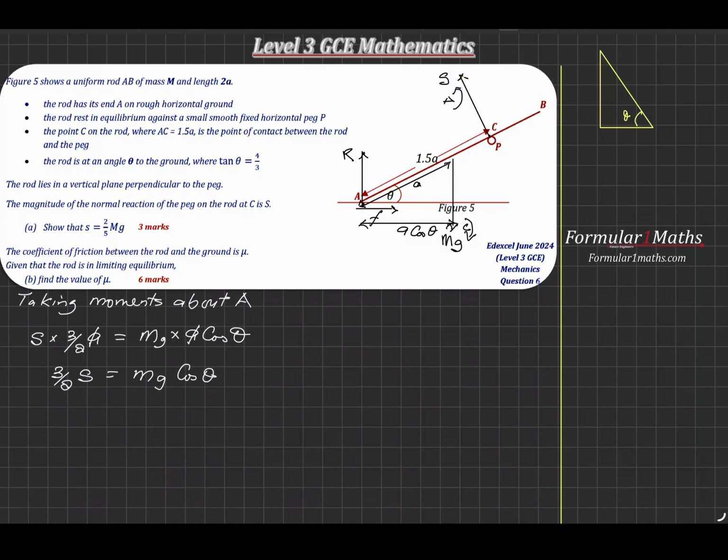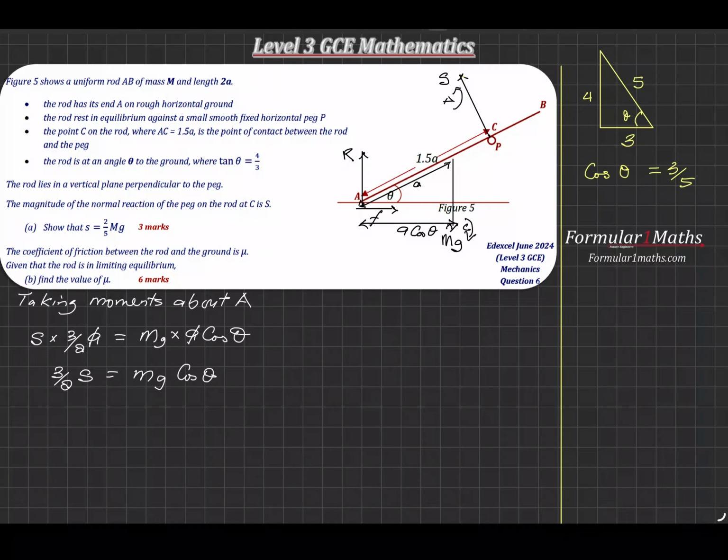So if I put that one in, I have 4/3. And using Pythagoras theorem, this length will be 5. And so if I put 5 over here, I can now see that cos theta is equal to 3/5. So I can now replace this with that.